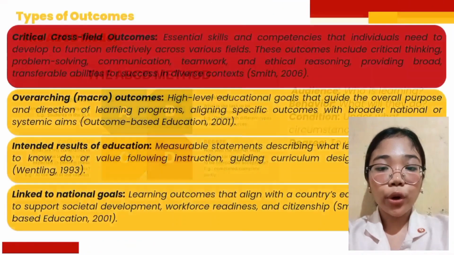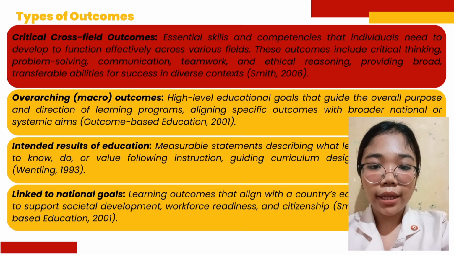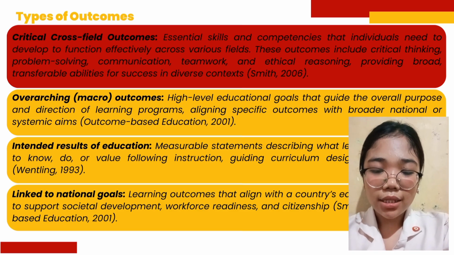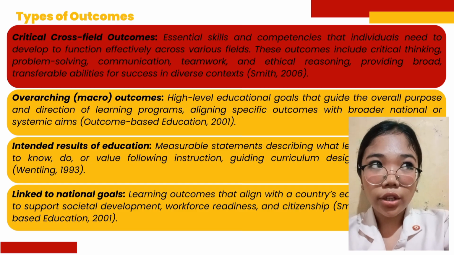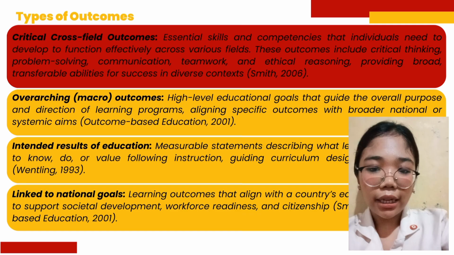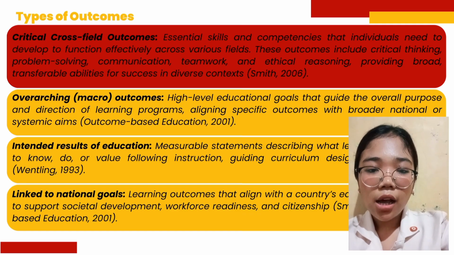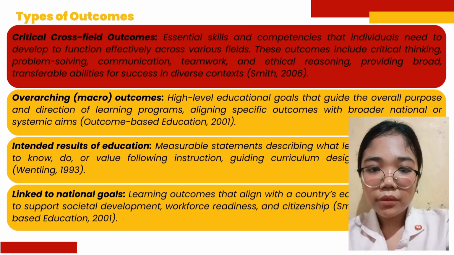Okay, so we will move forward to the types of outcomes. The first outcome is critical cross-field outcomes, which are defined by Smith as essential skills and competencies that individuals need to develop to function effectively across various fields. These outcomes include critical thinking, problem solving, communication and teamwork, and ethical reasoning, providing broad transferable abilities for success in diverse contexts.